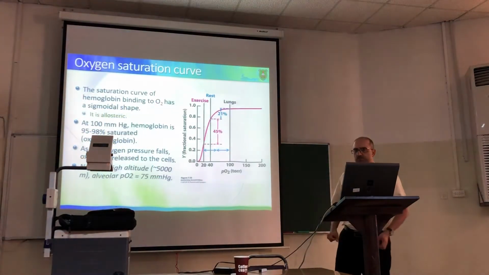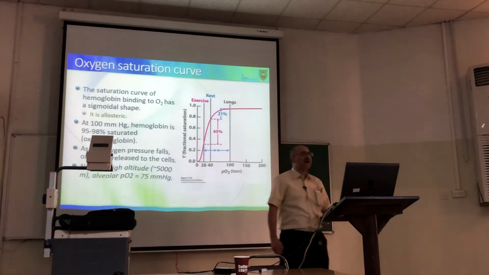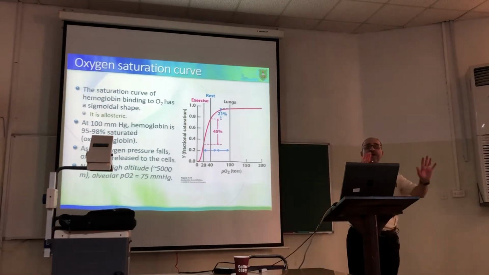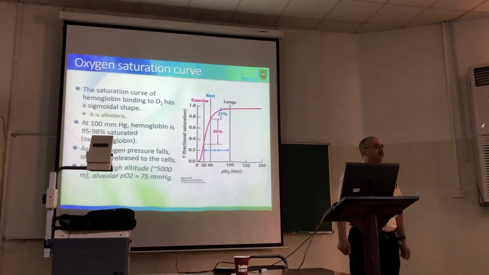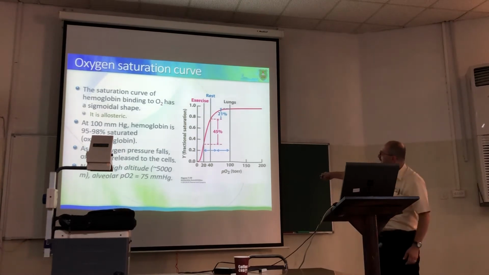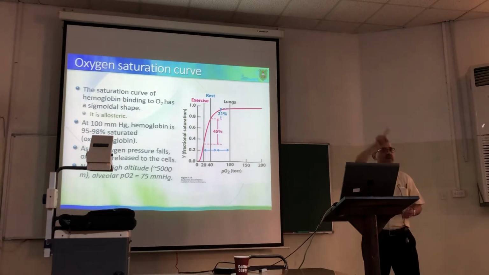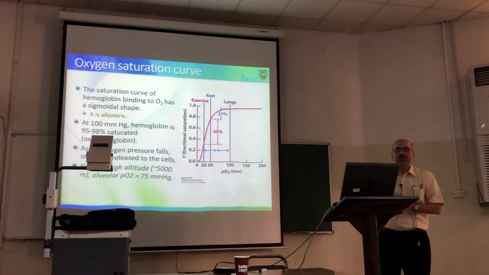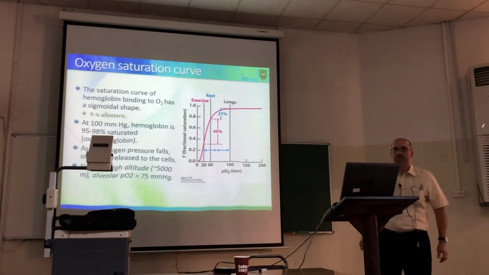Fine. So this is the oxygen saturation curve. The idea is that as an allosteric protein, it has a sigmoidal plot. It looks sigmoidal, meaning that you have this transition in the structure. It's not hyperbolic like myoglobin, if you remember. So it has this S-looking structure.